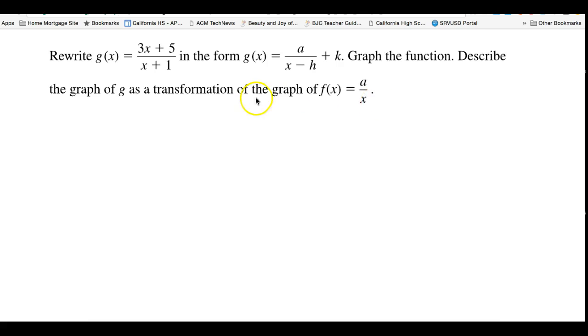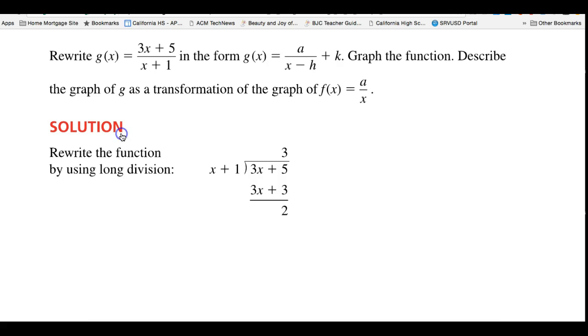First, we need to take our numerator and make it a constant. So we're going to have to do the polynomial division of 3x plus 5 divided by x plus 1. Remember, we want to see how many times our denominator goes into our numerator.